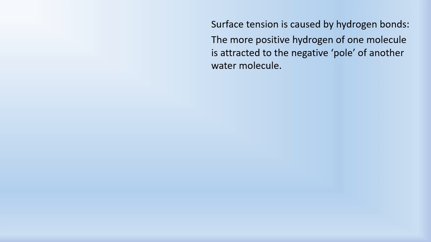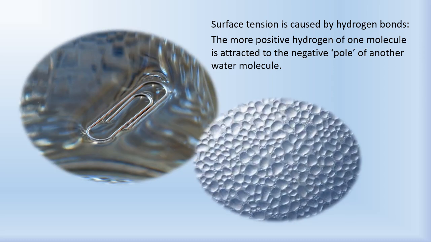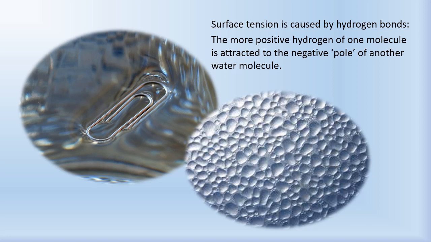The positive hydrogen side of the molecule is attracted to the negative oxygen side of adjacent molecules. Remember that opposite charges attract, and this is a weak form of bonding called a hydrogen bond. Water will support light objects and form droplets because of this surface tension.